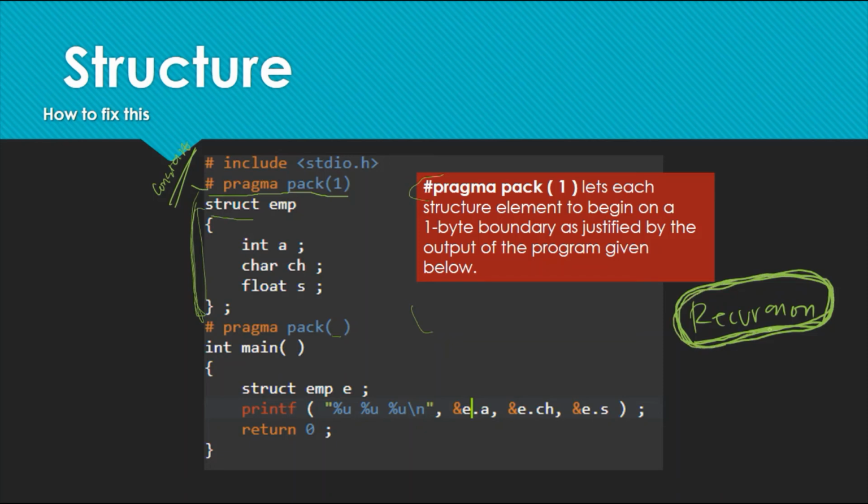So, in the lecture videos that I will provide in the LMS, I will add a lecture video on recursion so that you can understand what recursion does.